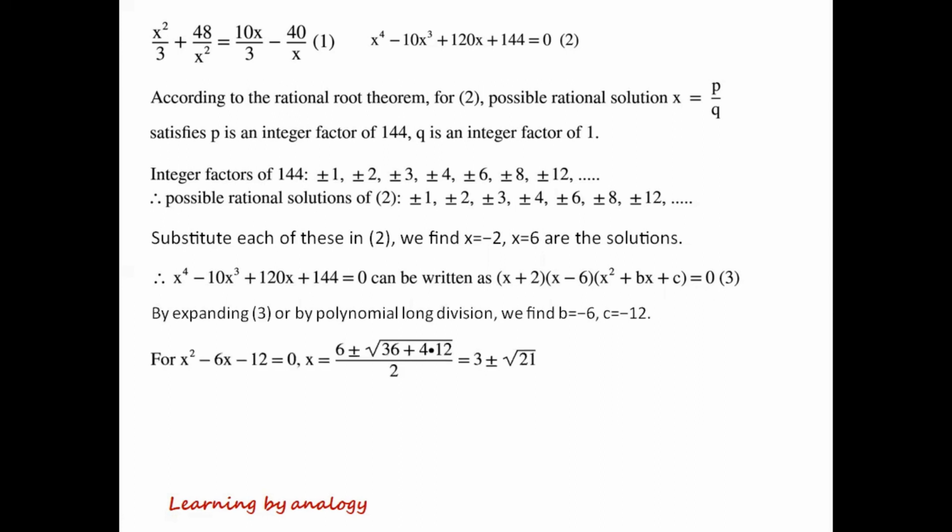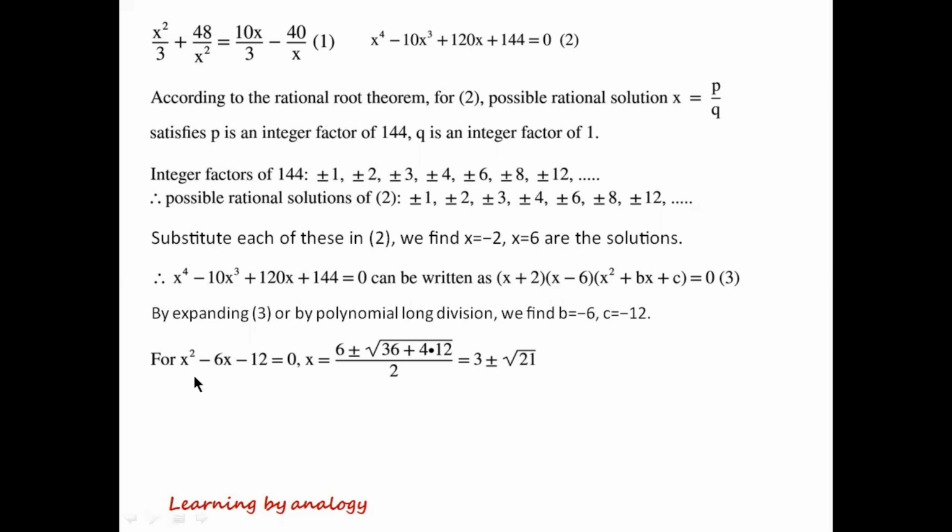By expanding equation 3 or by polynomial long division, you can find that b equals minus 6, c equals minus 12.